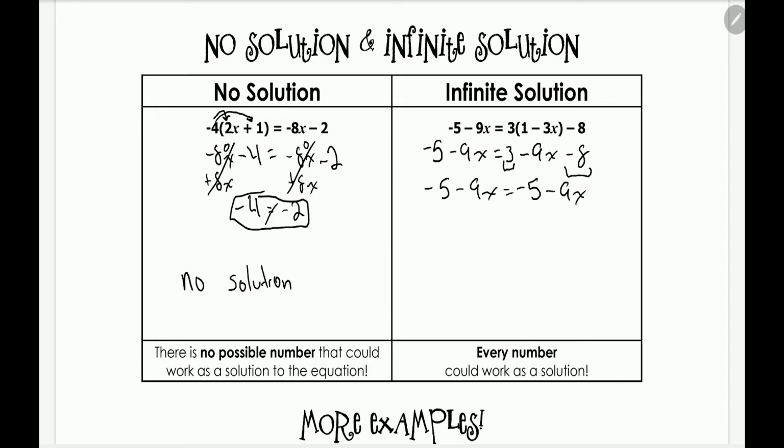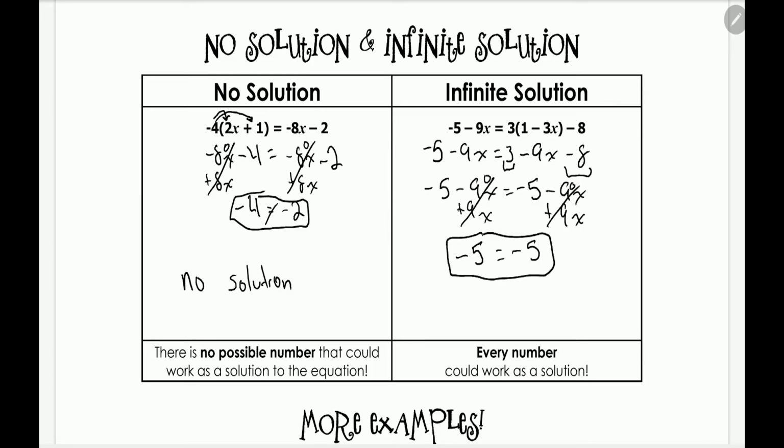And what we have to do now is to move the variable to one side. So I'm going to take this negative 9x, I'm going to move it to the other side. So in order to do that, I'm going to add 9x on both sides. This goes to 0. And if you look here, we have negative 9x plus 9x, that goes to 0. And we're left with negative 5 is equal to negative 5.